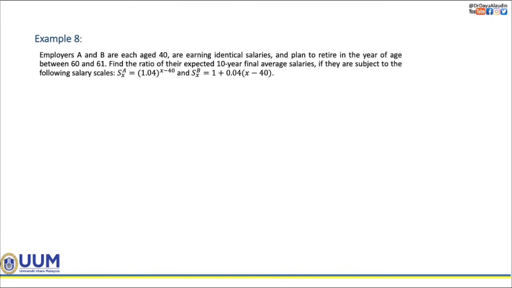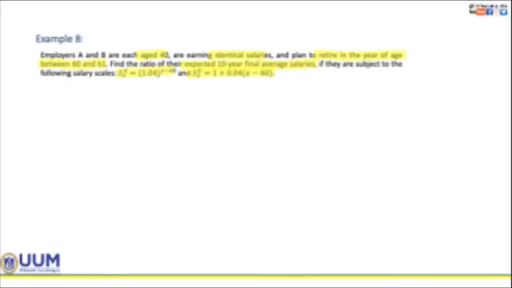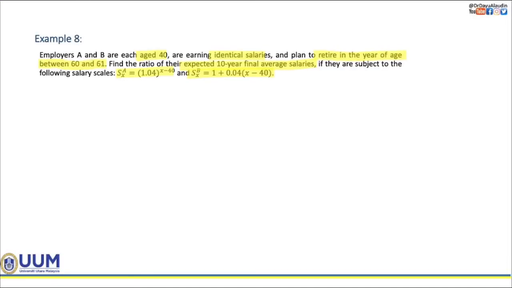So let's try example 8. Employees A and B are age 40. So current age is 40, and they are earning identical salaries. So they have the same salary and plan to retire in the year of age between 60 and 61.